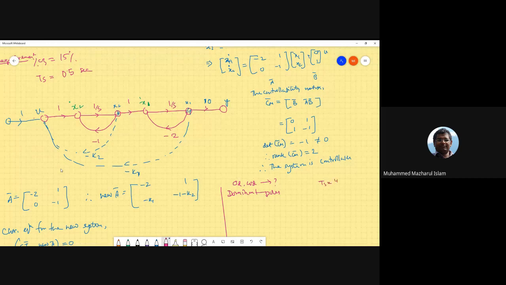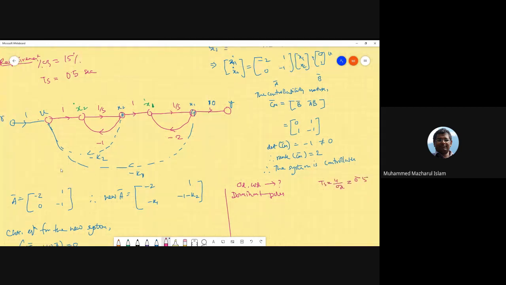Ts equals 4 by sigma d. This is equal to 0.5. So sigma d is equal to 4 by 0.5, that means 8. And you need to get the value for omega d from this equation.